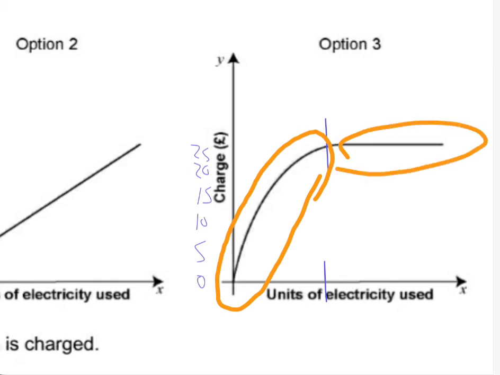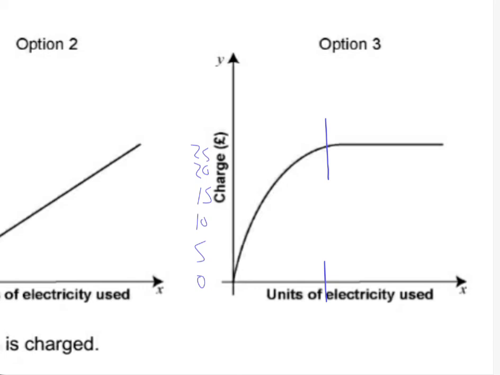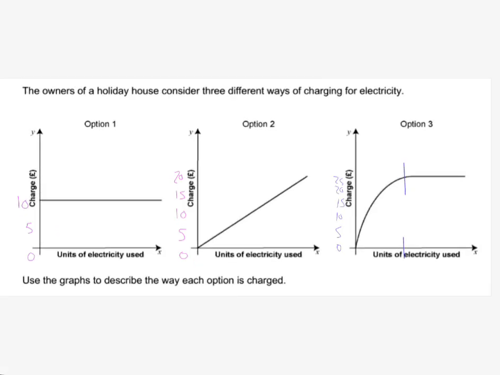And this is how you explain option 3. So you're going to say the more units you use, the more money you pay until a certain point. After that point, the payment will be constant with that amount of money. And this is how you explain a question like this.